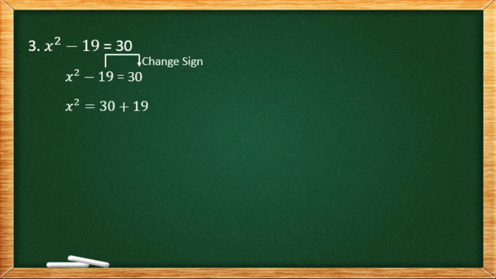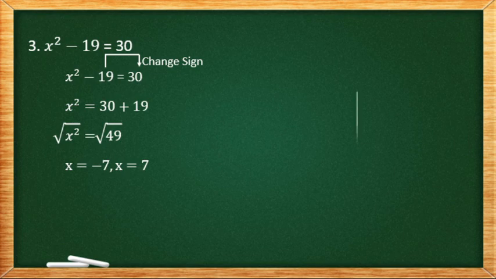So, x squared is equal to 30 plus 19. So, x squared is equal to 49. 49 is a perfect square number. So, therefore, the square root of 49 is 7. Square root both sides. So, the answer is x is equal to negative 7 or positive 7.